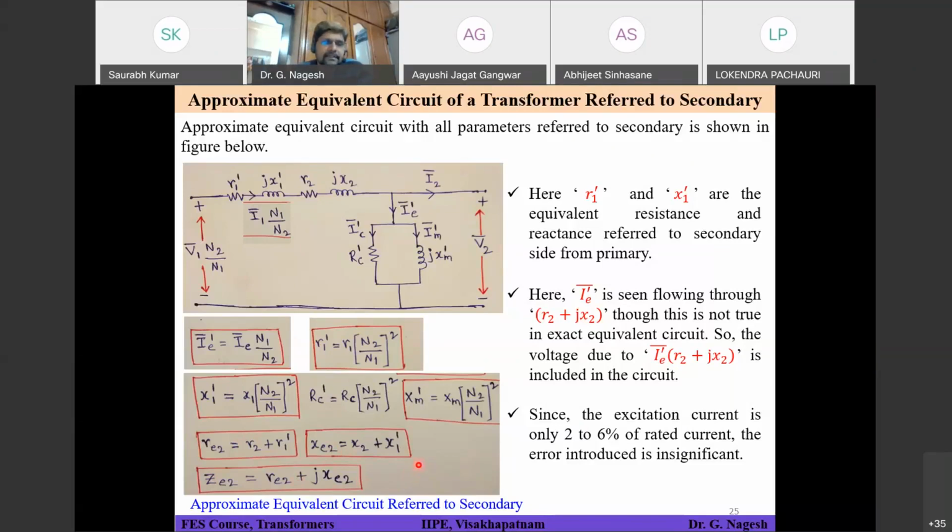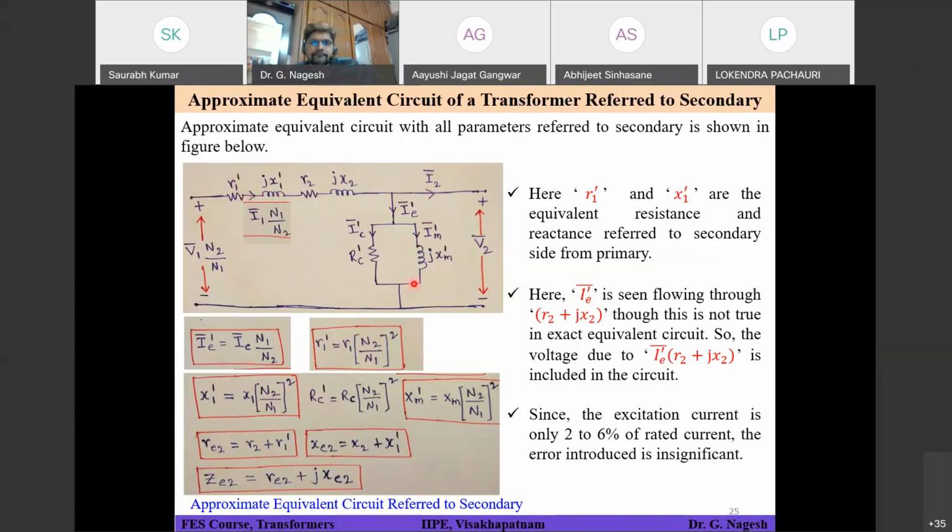You are understanding, right? And if you see the current on the primary, it is I1, which should be multiplied with N1 divided by N2. So that is the current flowing in the winding after transferring to the secondary. I2 remains the same as it is.